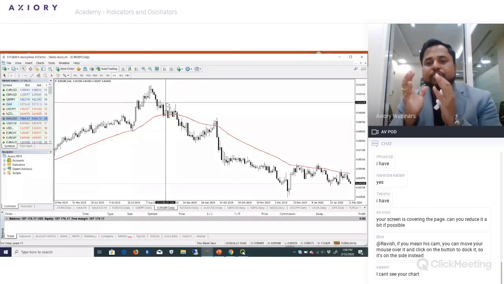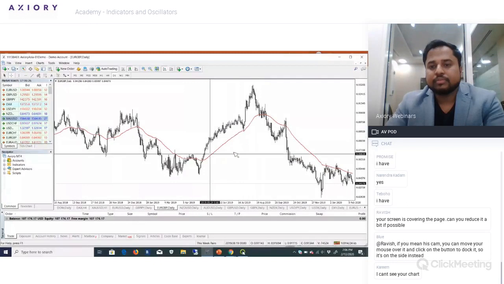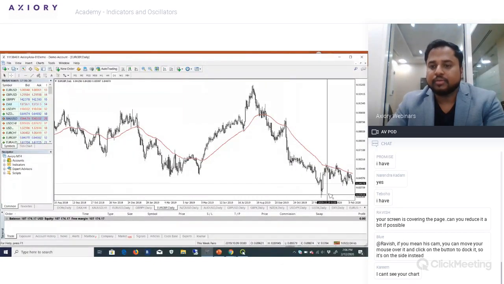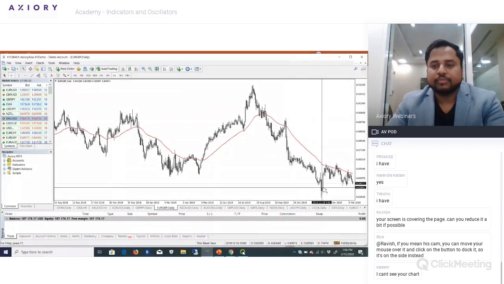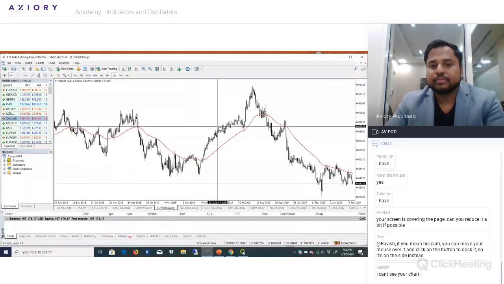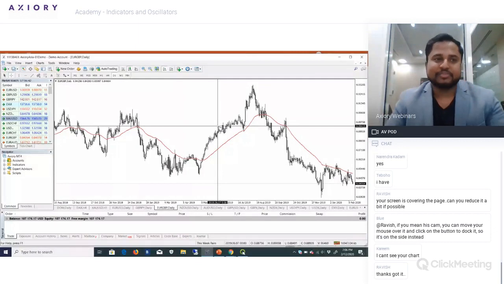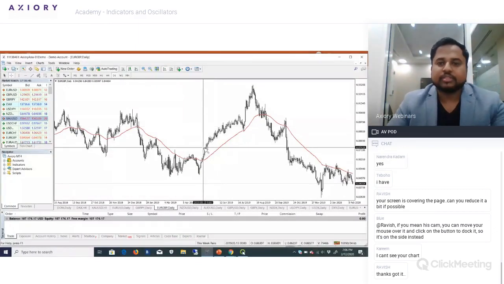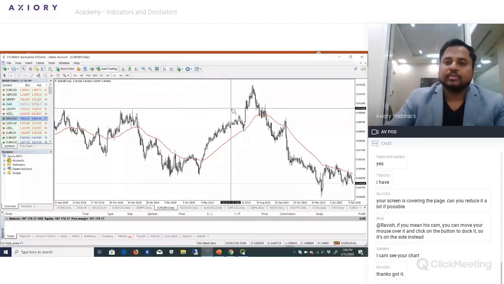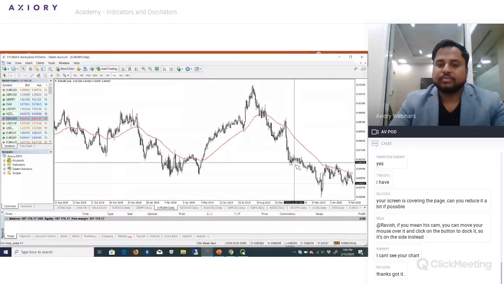The basic idea is, if the price is below the moving average, it is coming down. If the price is above the moving average, it has a chance to go up. That is a very simple explanation. If the price is above the moving average, we can say the trend is up. If the price is below the moving average, we can say the trend is down.